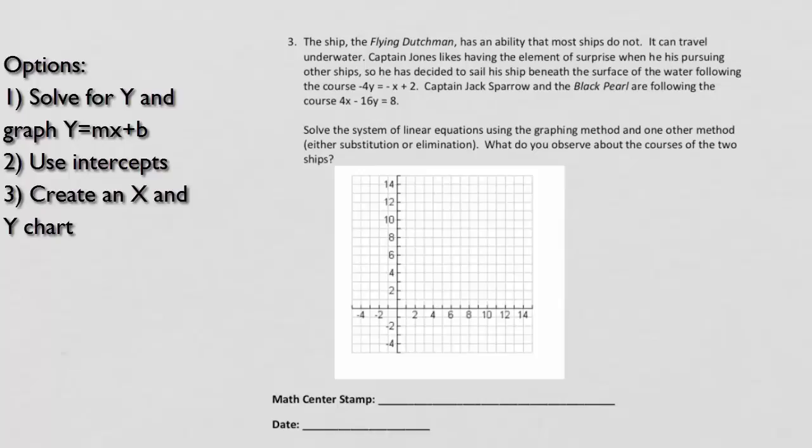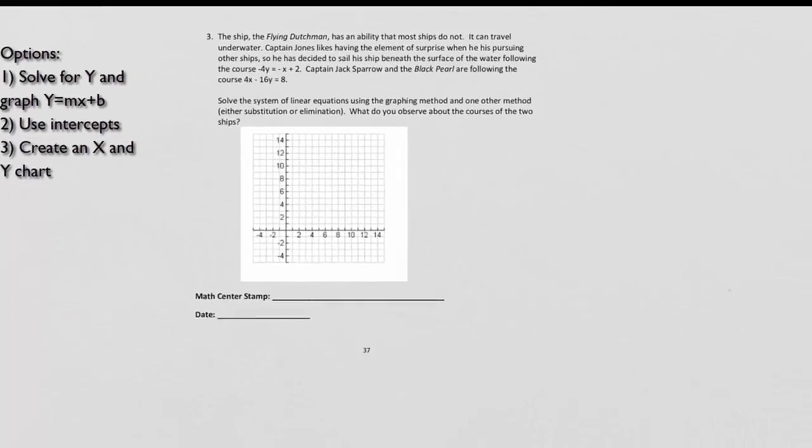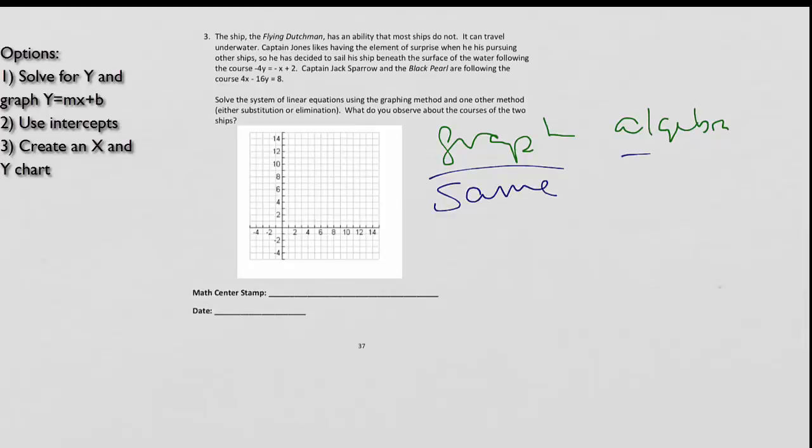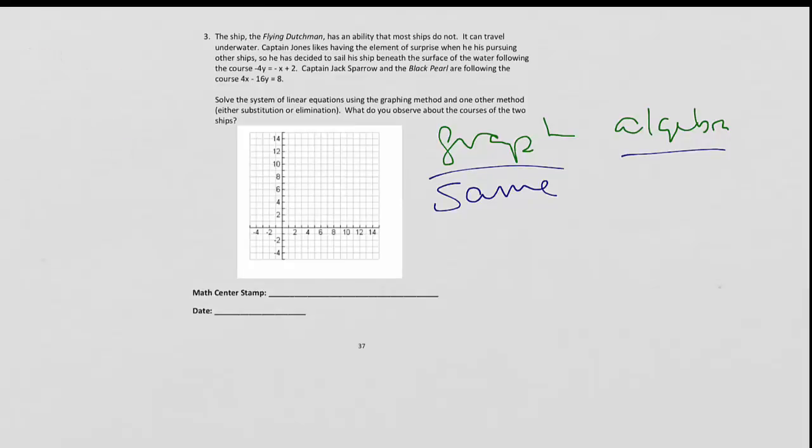Since it's the same line, we're not going to get a contradiction this time, but we're going to find an identity. It's going to be exactly the same. So when you graph, you're going to find the same line, but when you work out the algebra, you're going to get something like 0 equals 0, 10 equals 10, 5 equals 5.